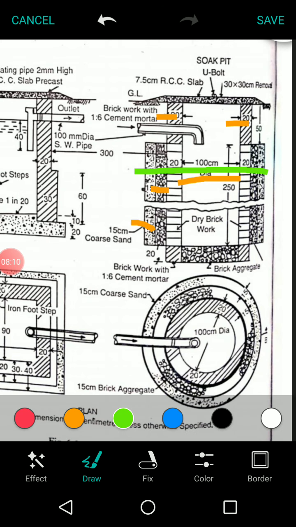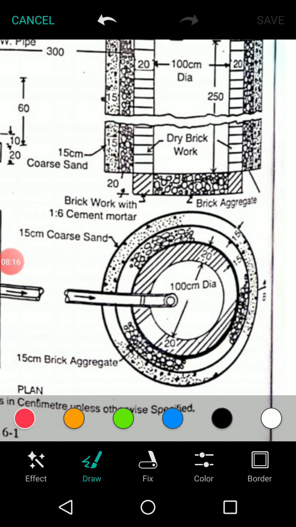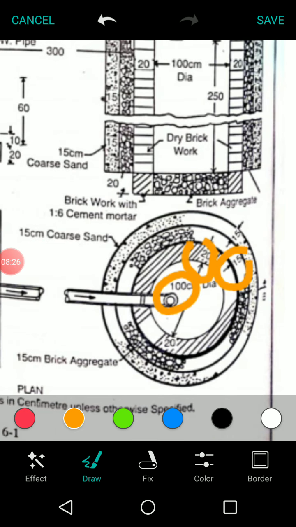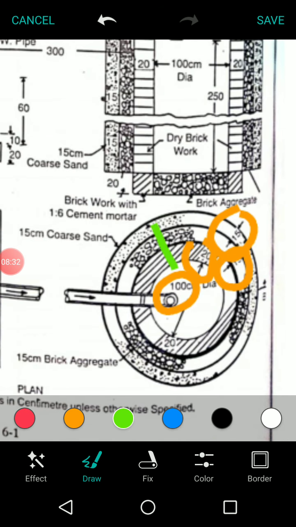If you want, you can observe in the plan also. Here you just see, the inner dimension is 1 meter, plus 20 centimeters plus 15 centimeters plus 15 centimeters. So on one side, here to here it is 50 and here to here it is 50. So total it is 2 meters.